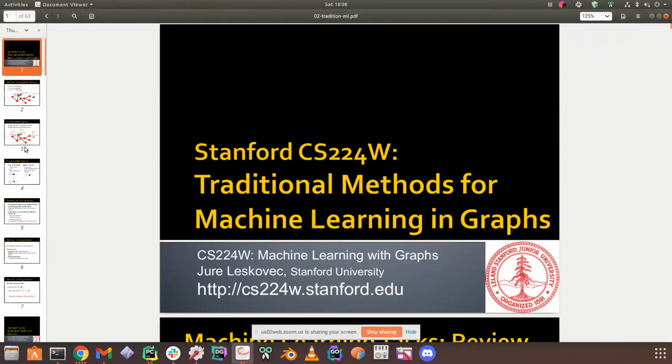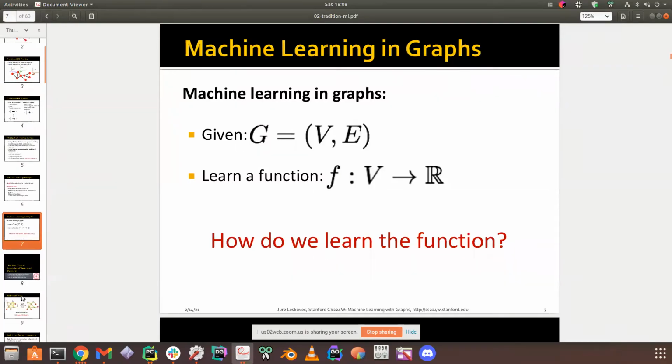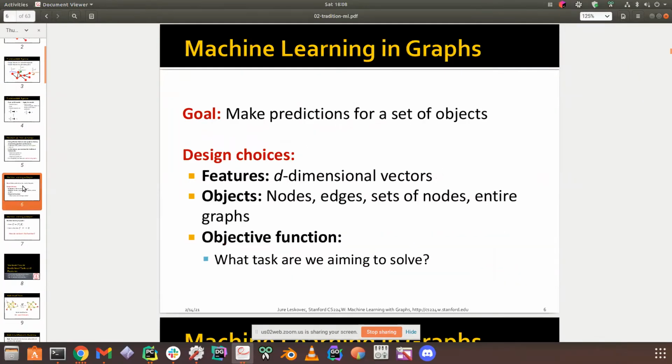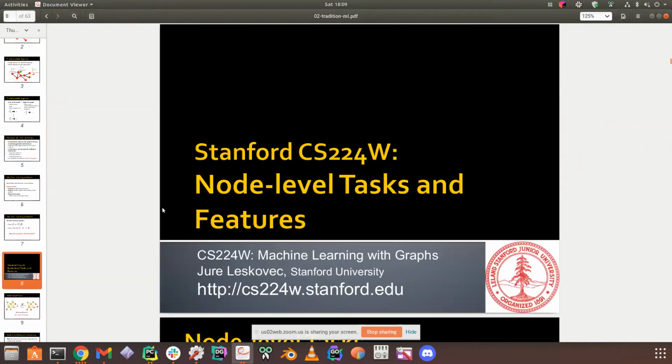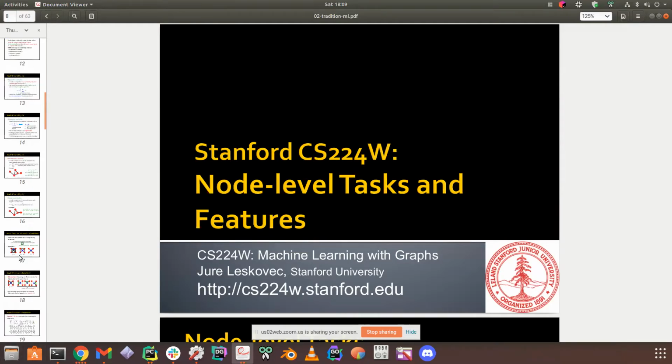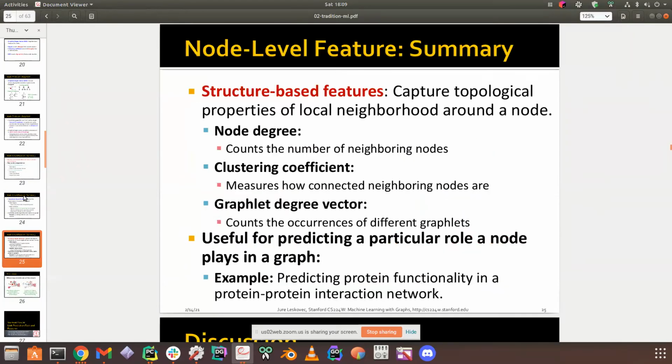So let me bring up, yeah, so this is divided into node level features, link level features, and graph level features, and they have a fairly decent summary at the end of each section, which I just need to find.